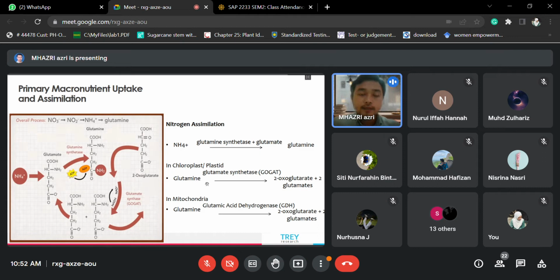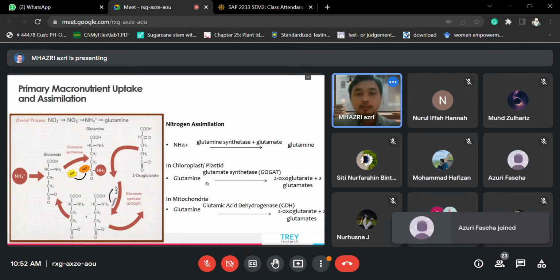So in the leaf, the nitrate will be converted into ammonium. Okay, and then from ammonium, it will be incorporated into organic compounds via the GS-GOGAT pathway. If this nitrogen is converted into amino acids. If it is converted into chlorophyll, it has a different process. Okay. But we focus on the assimilation of nitrogen into amino acids.